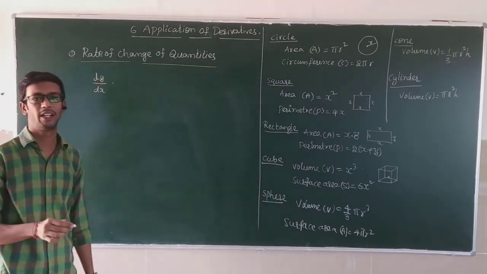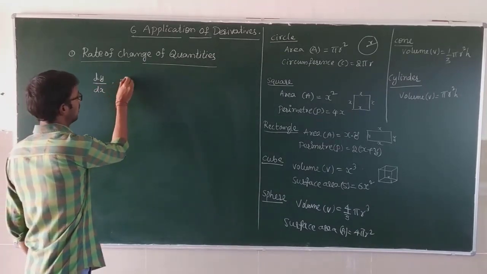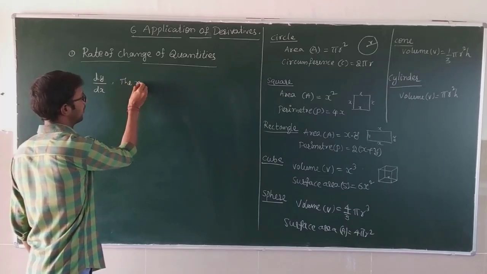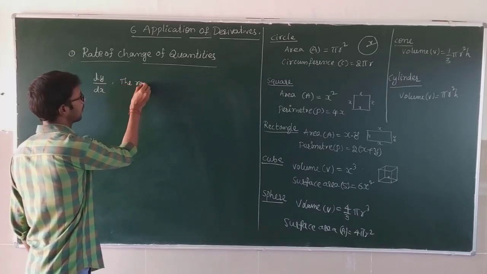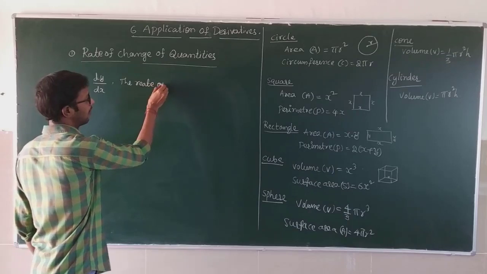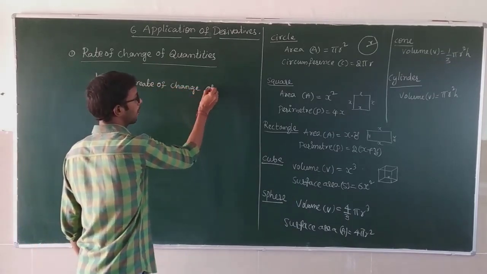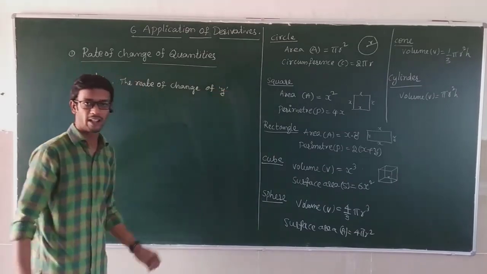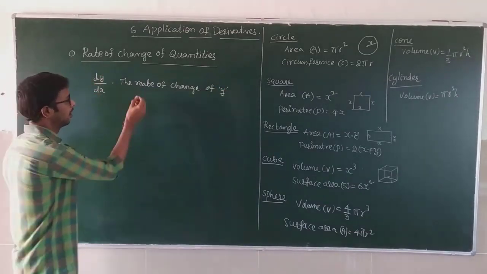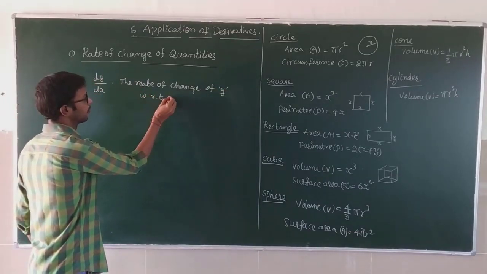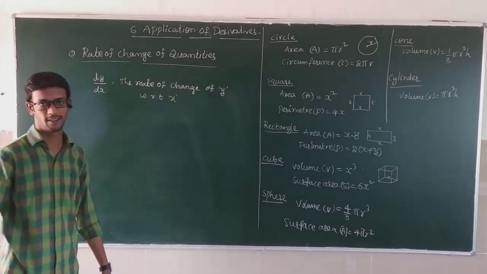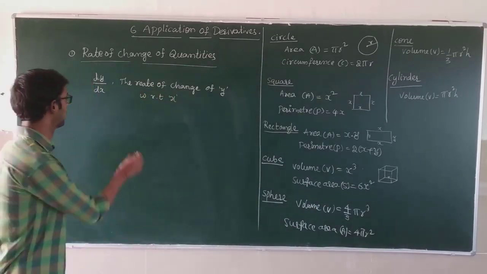We'll write dy by dx is nothing but the rate of change of y with respect to x.